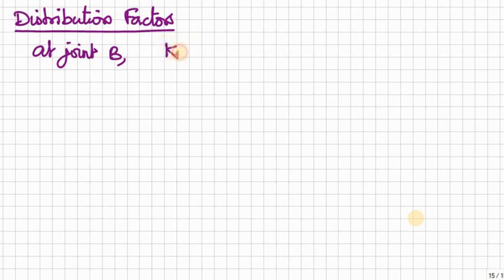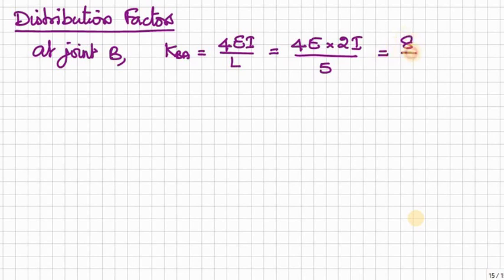So KBA is equal to 4EI by L, because support A is fixed. Here I is nothing but 2I. Therefore, 4E into 2I by 5 is equal to 8 over 5 EI.